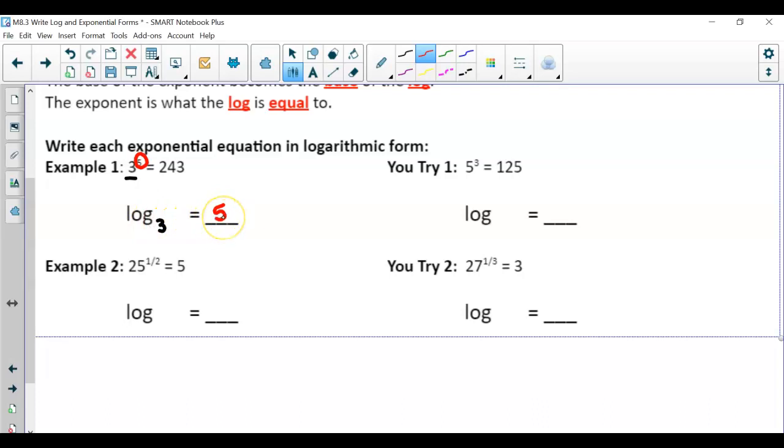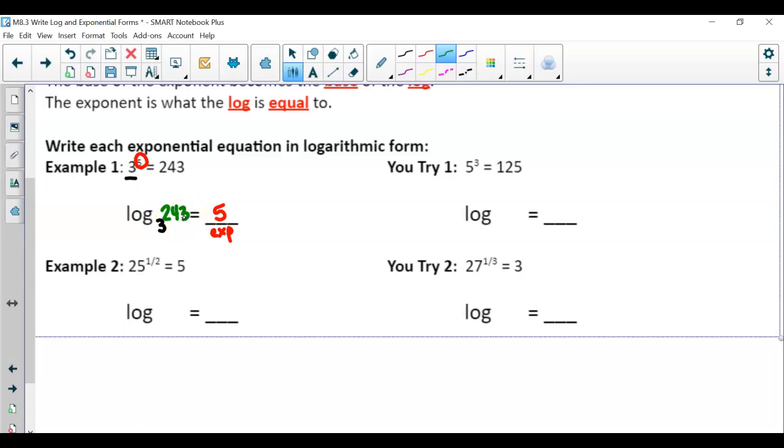So this log is equal to 5. So remember, that is your exponent. That means to write this exponential in log form, it would be log base 3 of 243 is equal to 5.